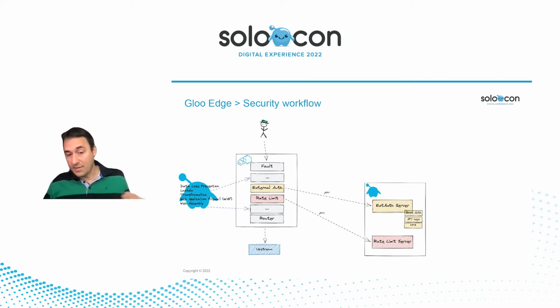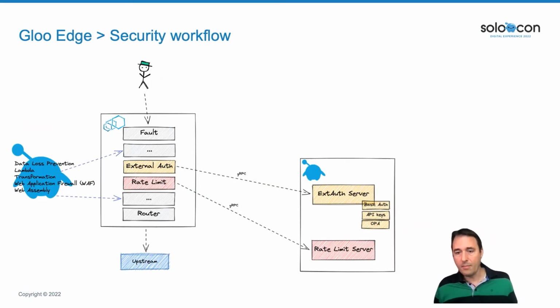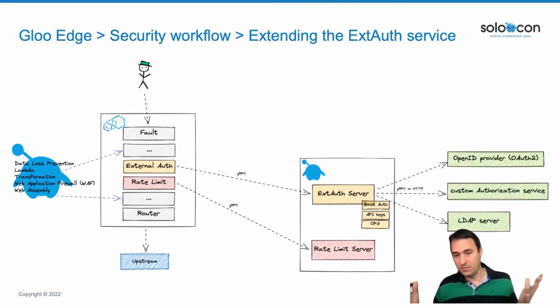So there is a rate limit server, and there is the extauth server. The extauth server comes on its own with many features. So you can configure the extauth server in Gloo to provide basic authentication or API keys or OPA or this kind of thing. But this is not all the extauth server does.